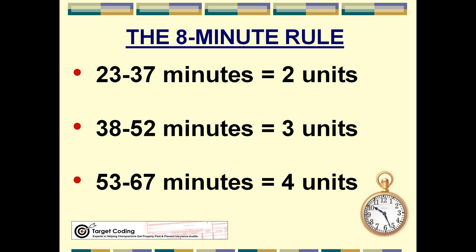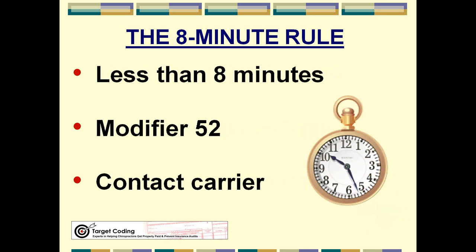Let's go over what happens if you do something for less than 8 minutes. Let's say you provide a service for only 2 to 3 minutes. According to the guidelines, if you spend less than 8 minutes performing a timed service, you shouldn't bill it at all, or you may be able to use the 52 modifier.